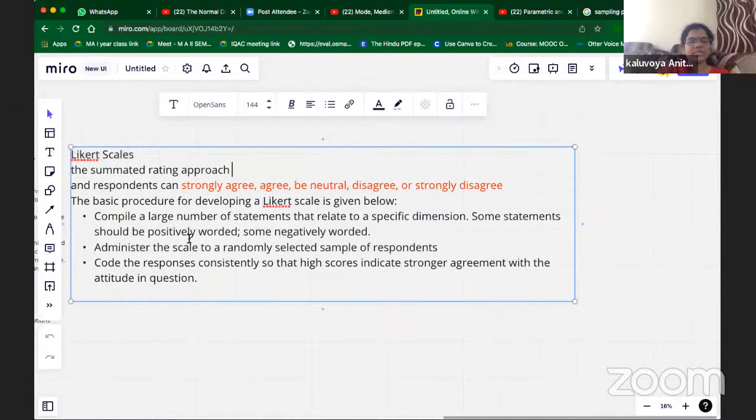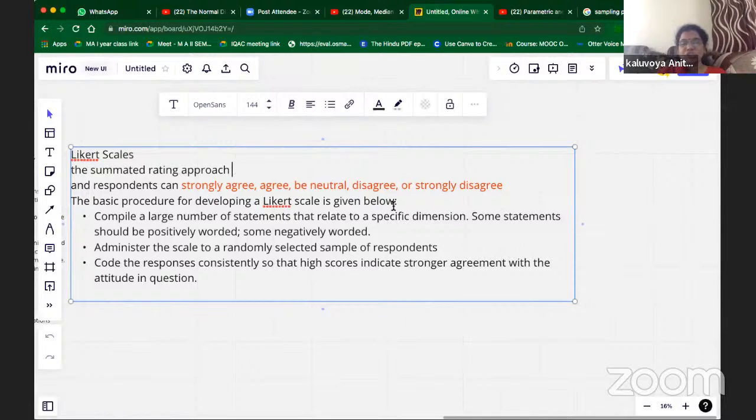So now here you can see the basic procedures for developing a Likert scale. Since it's associated with mass media, I would like to take a few minutes to explain this so that you will understand it. In case in future you have an interest to do research and would like to implement something related to this kind of scale, it will help you out. So what are the basic things that you have to keep in your mind?